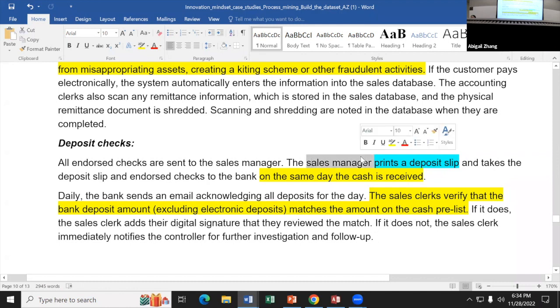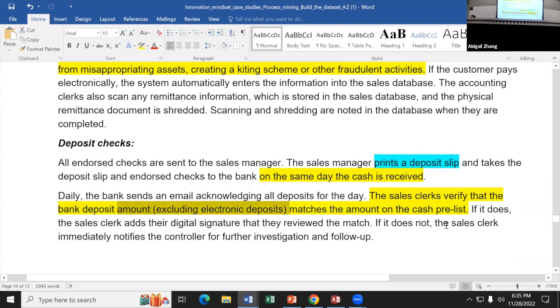The purpose of doing this is, for example, if the manager steals $100, then in total they should deposit $1,000 to the bank, right? But because the manager stole $100, the deposit amount that the bank got will be just $900.